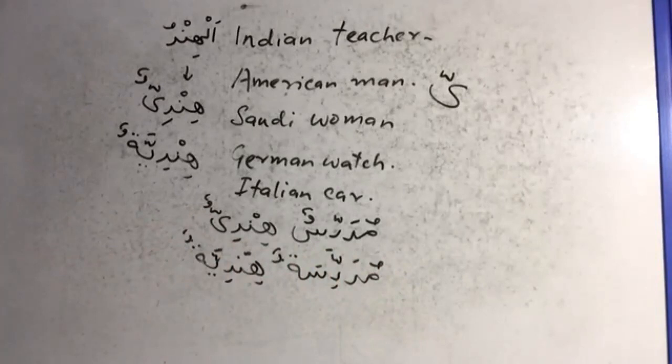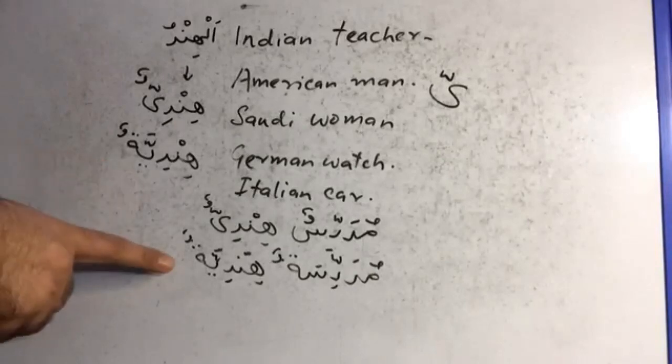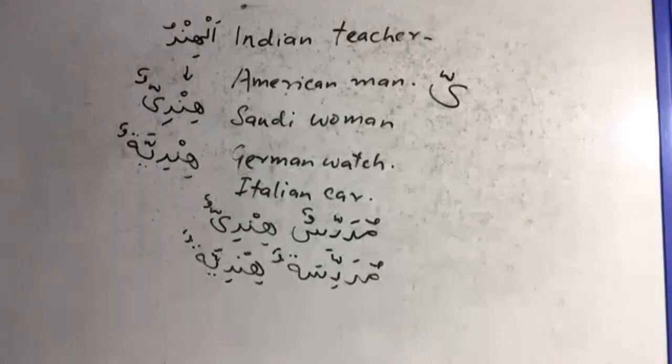If it is a good teacher, we'll write mudarrisun tayyibun, right? And if it's a tall teacher, mudarrisun tawilun. If it's an Indian teacher, just like the same we have been doing, sifat comes later, but I'm just telling you how to write this if it belongs to any nationality or even a city. You can use the same pattern by adding a ya with the shadda, and with the feminine you put ta marbuta.